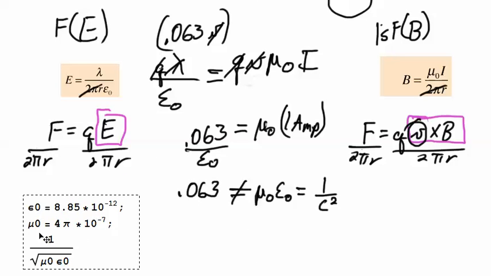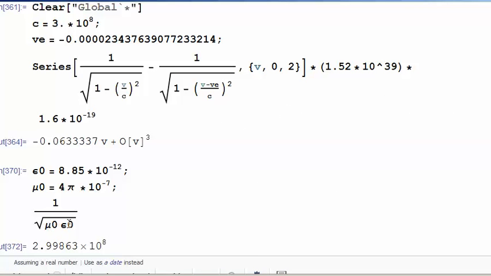Yes, in SI units, epsilon naught is 8.85 times 10 to the negative 12th, and mu naught is 4 pi times 10 to the negative 7th. And when you take 1 divided by the square root of mu sub naught times epsilon naught, you get 2.99 times 10 to the 8th, which is the speed of light. This comes out in meters per second.